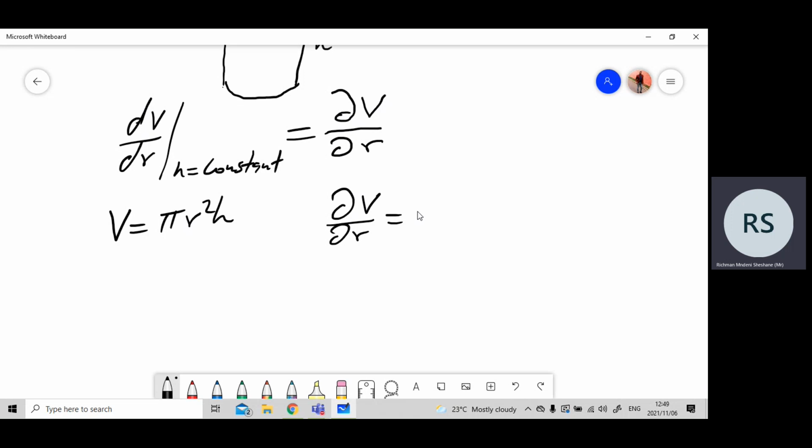So the answer will be, let's leave the constants here, pi h, and deriving r squared, it will be 2r. So the partial derivative of V with respect to r while we treat h as a constant is going to be pi times h times 2r. So this will be 2 pi h r. So this is the partial derivative of the volume with respect to r. Okay.